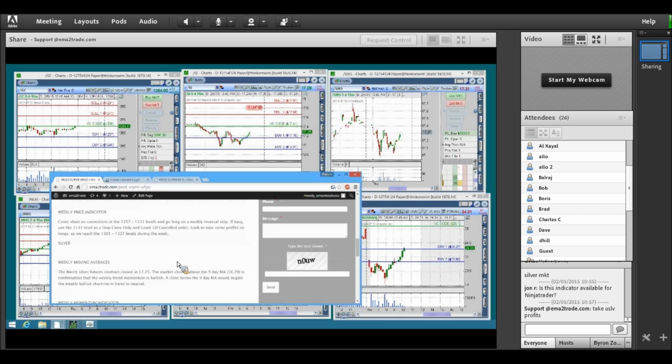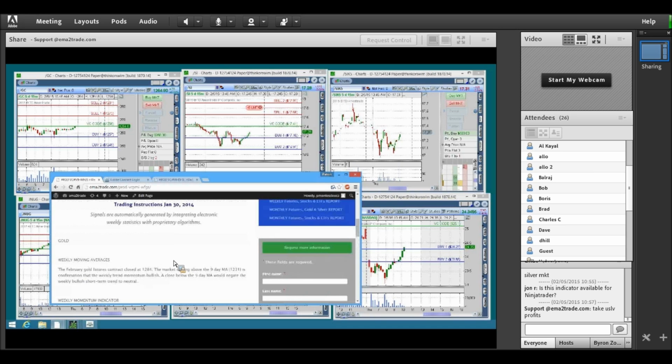So we are patiently waiting for confirmation, which is the way that we trade. We like to take the path of least resistance and not chase the market. We'd like to allow the market to come to us, trigger the signals, and once the signals are validated using our algorithms, then we can open up a trade, long or short.